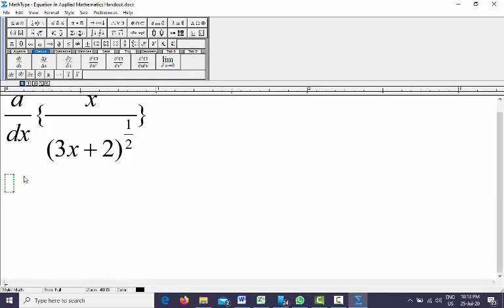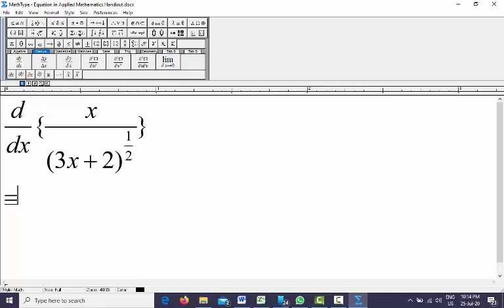If you want to solve this question using the division rule, that means instead of moving this one up, you can apply the division rule.